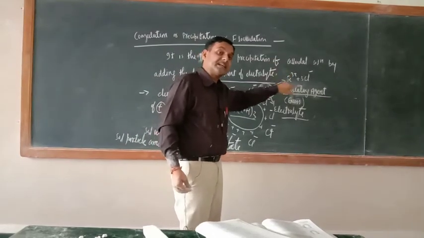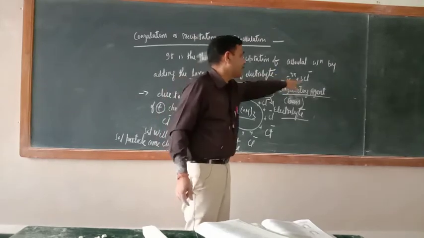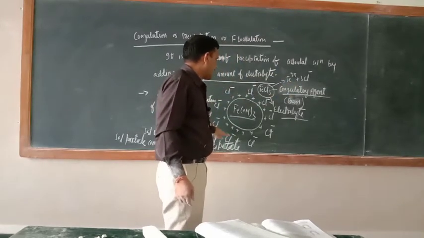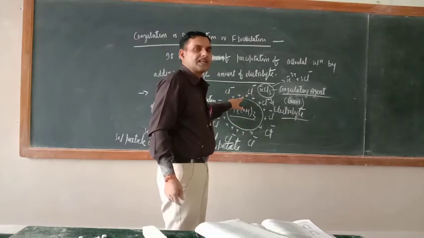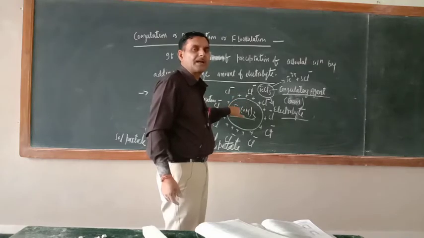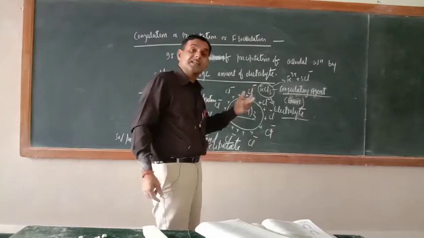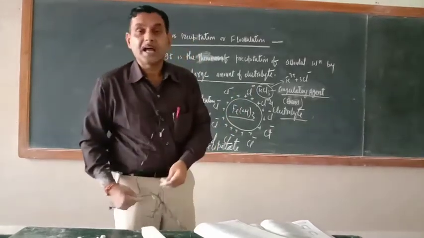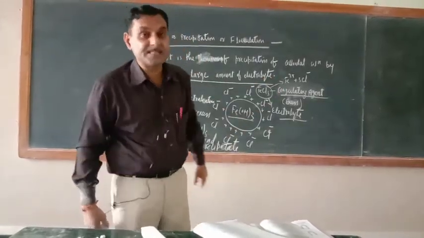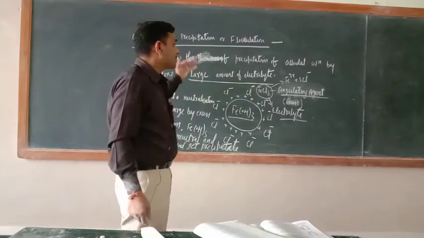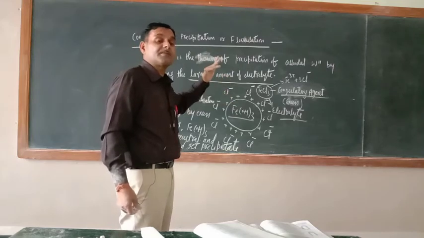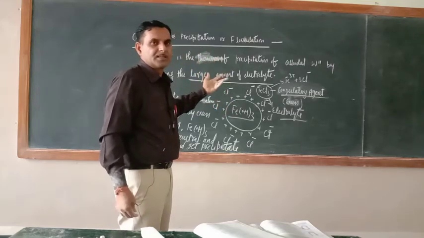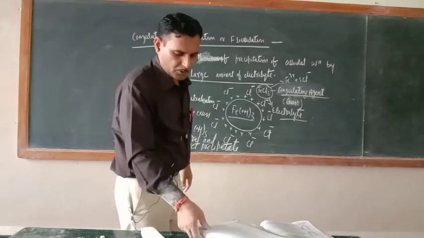Now since their concentration is more, Cl negative will also play its role, and it will also be attracted towards the Fe3 positive, resulting in the neutralization of charge at the surface of colloidal particles, and the further result is accumulation and precipitation. So the effect of electrolyte is just the reverse of peptization. In this way this is also completed.